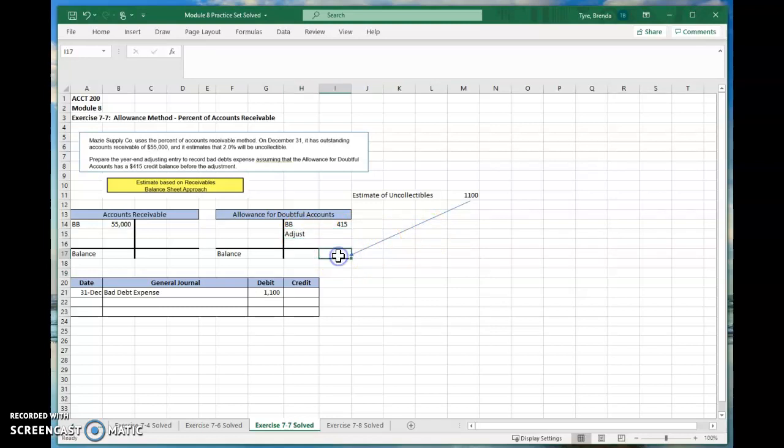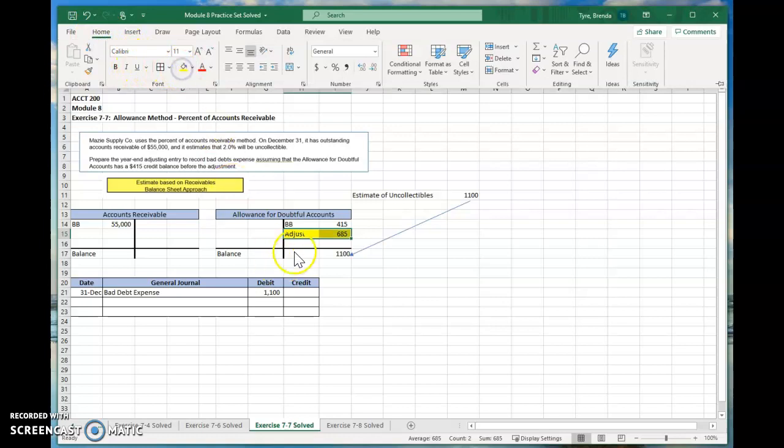So let's just do this. Just say we know this needs to be that, right? 1,100. So my adjustment will be the 1,100 minus the 415. So I'm going to adjust, not the 1,100, I'm going to adjust the difference because I'm working with the balance sheet account, and balance sheet accounts have balances that carry over from year to year.